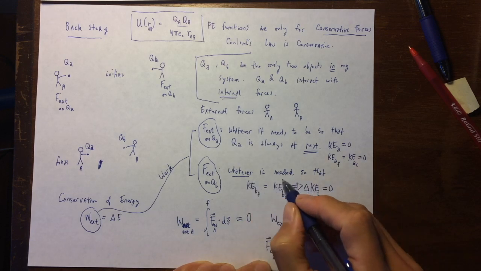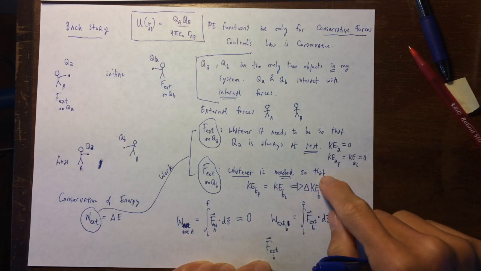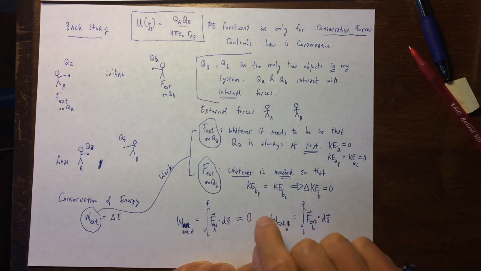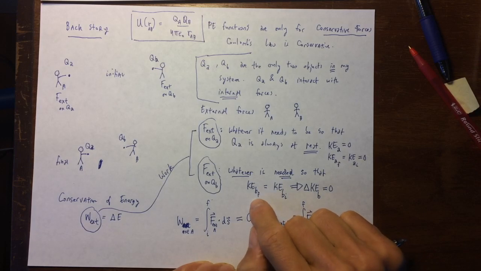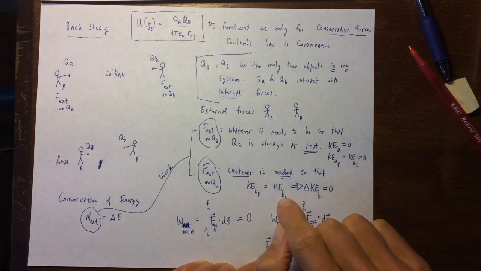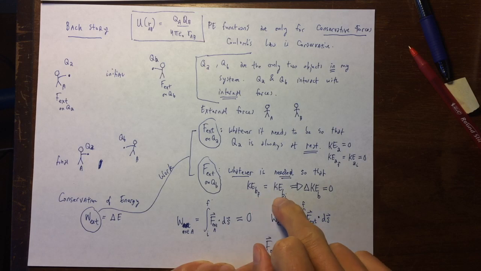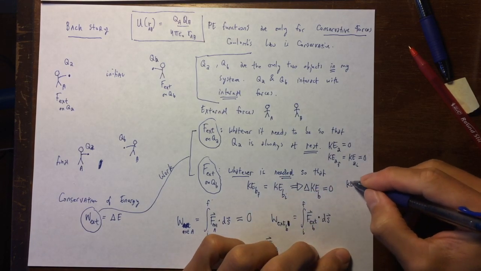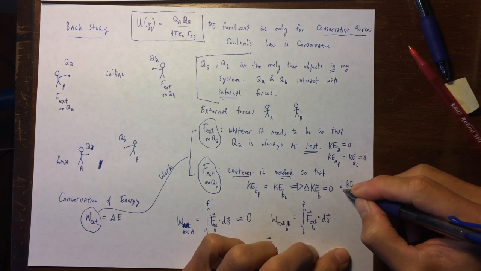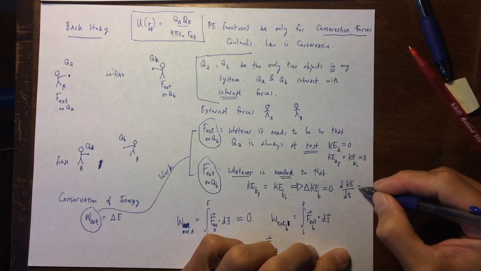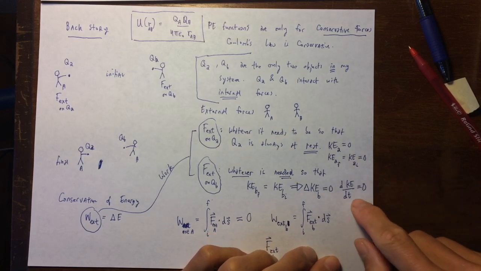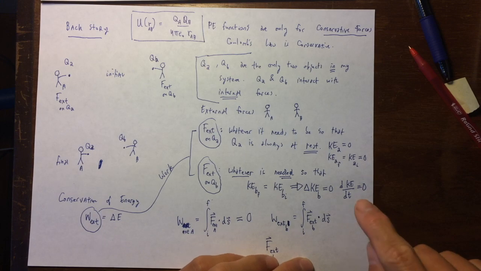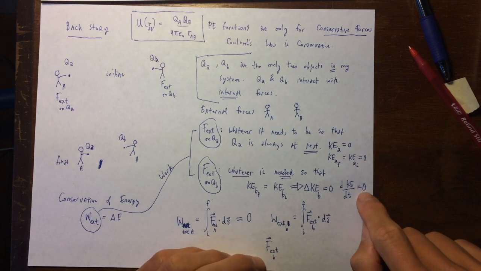It's got to be whatever is needed so that our kinetic energy is the same in the final state as in the initial state. One of the ways we can cause this to happen is to say that the kinetic energy is not going to change. So d by dt of the kinetic energy, the time rate of change of the kinetic energy, why don't we just say that it doesn't change ever?